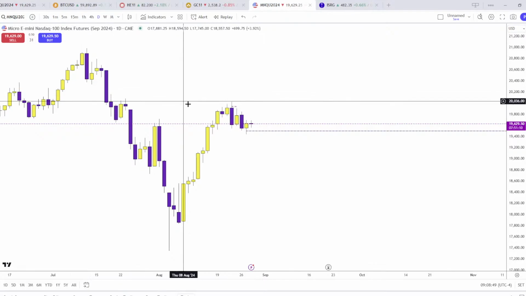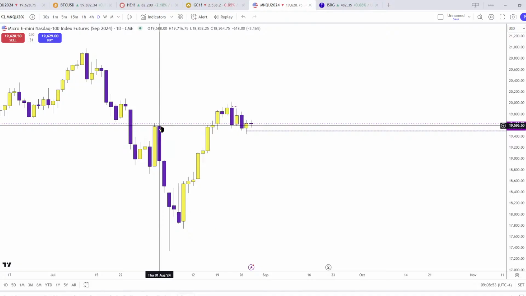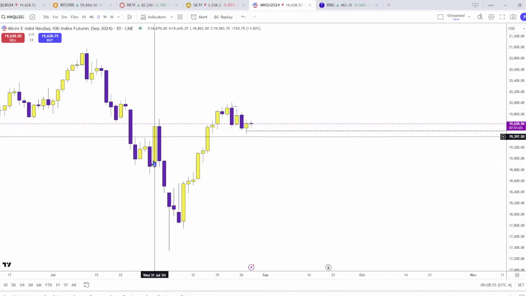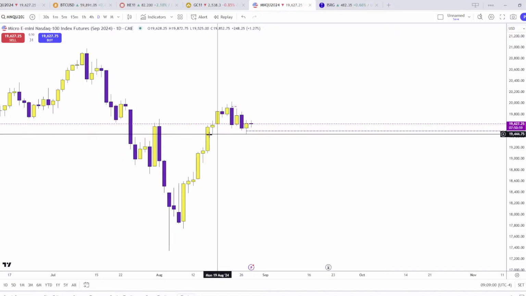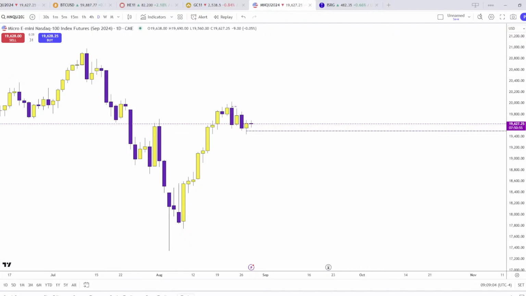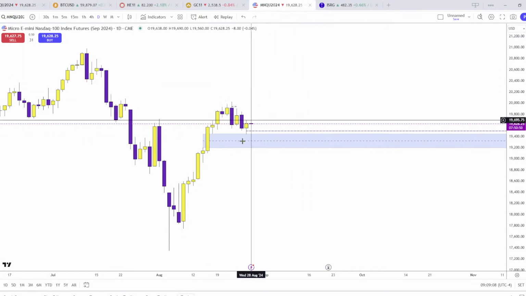We have relative equal highs here now. We've traded back into this breaker here. And we've come down and created relative equal lows on top of this daily fair value gap. See that yesterday came down, just tapped it.